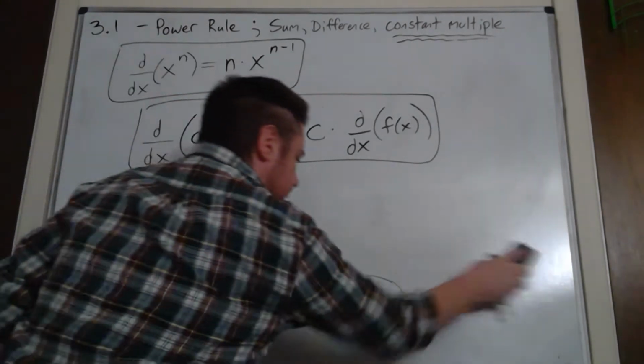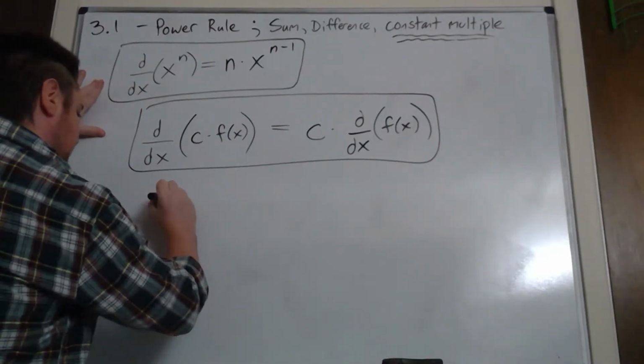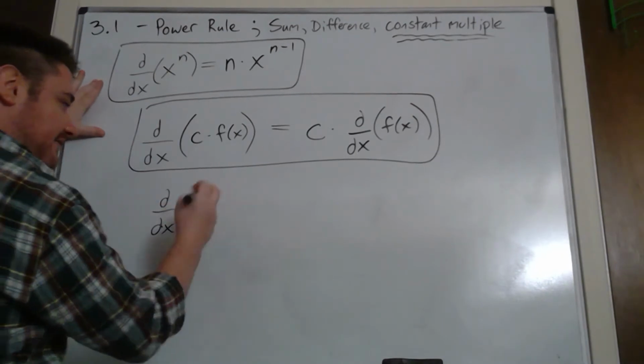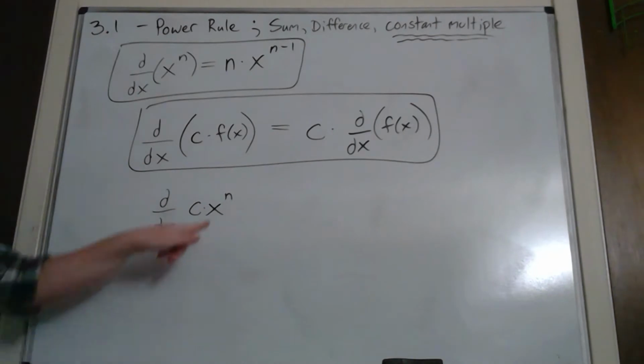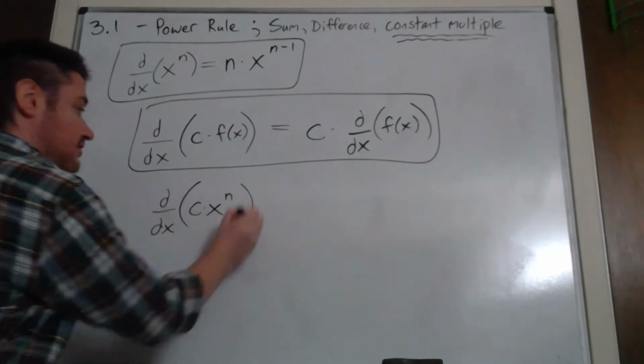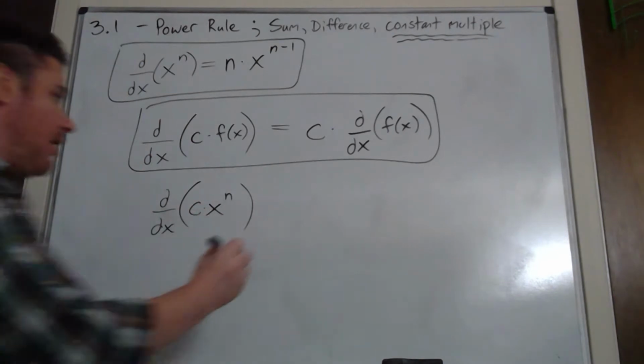So you can kind of attach these two rules if you like. They're really two separate rules. But if I want to take the derivative with respect to x of, let's say, some power function x to the n that might have a constant sitting out front, right? So like we just looked at 5 times x cubed. We can write this in the arbitrary sense.